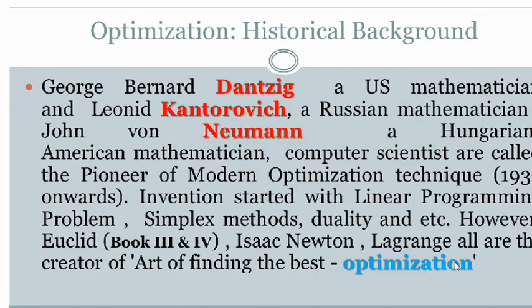The Taylor series in the form of the Lagrange remainder, then the name Lagrange itself appears here. For finding maxima and minima, the Taylor series is very important, and all of them are creators of the art of finding the best. That is what we are discussing, optimization.